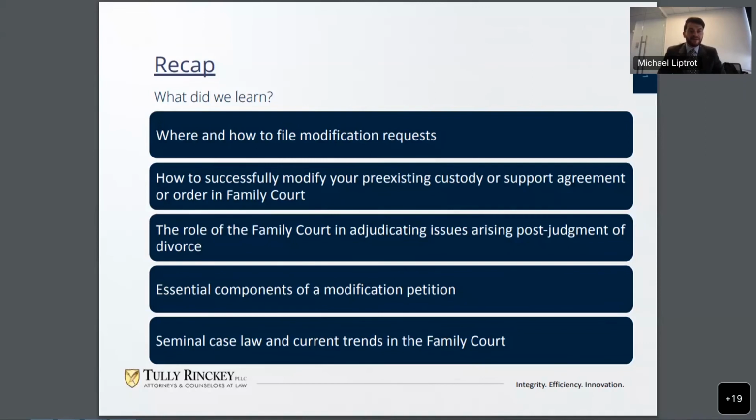We looked at the bedrock case law, Freedom Richard and Eschbach, and the current trends in the family court, where they're headed as far as stressing particular importance on custodial parents' duty, so to speak, to foster the relationship between the child and the non-custodial parent. And I think that's all I have. So maybe we can answer some questions.